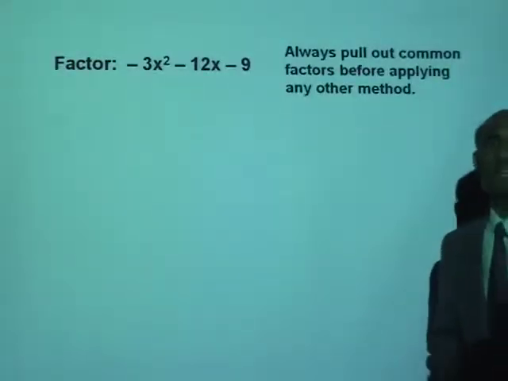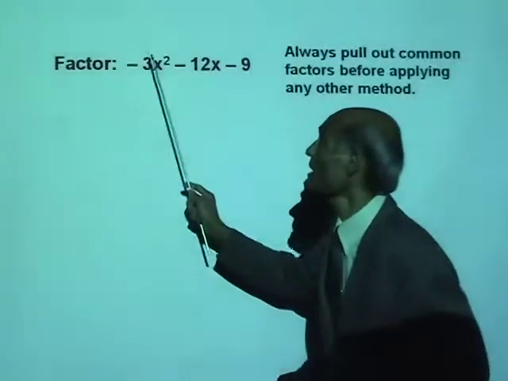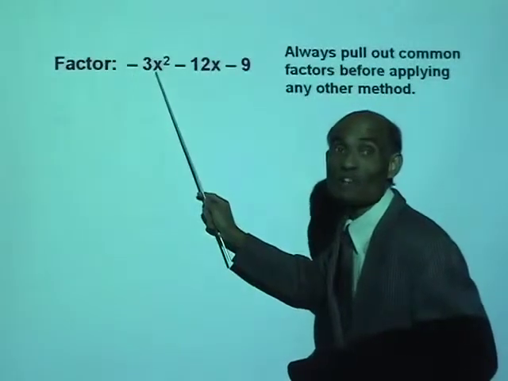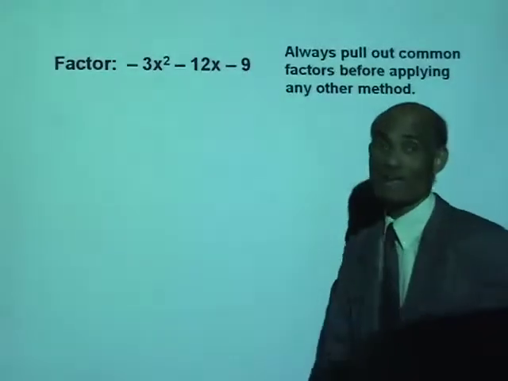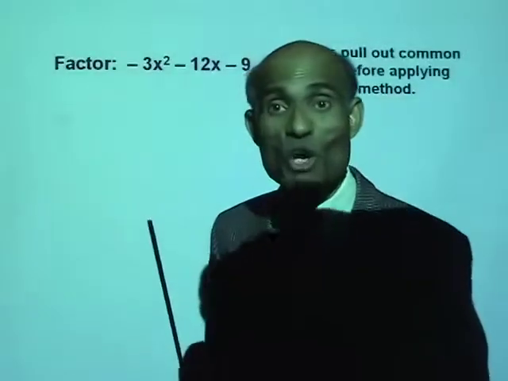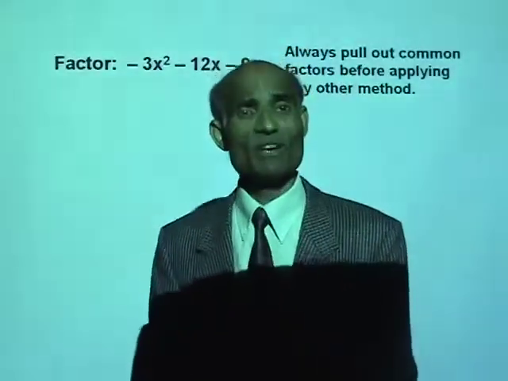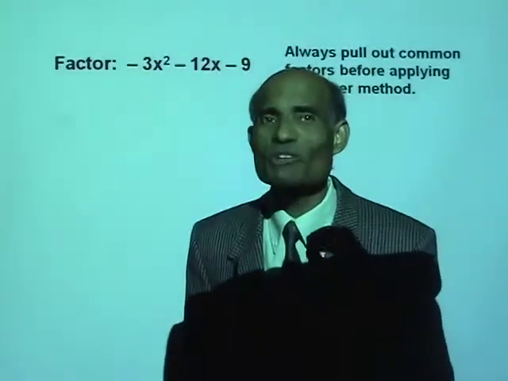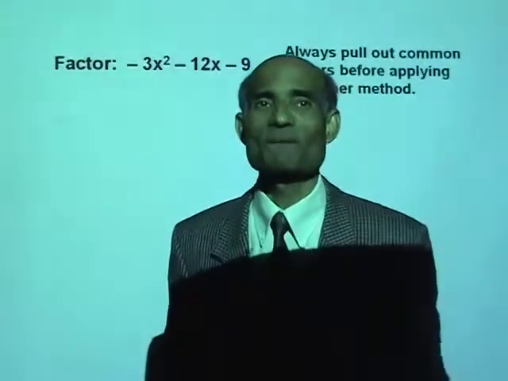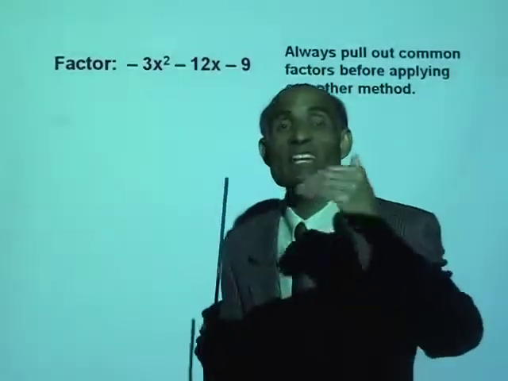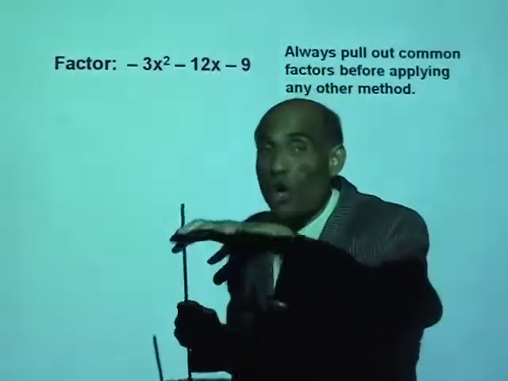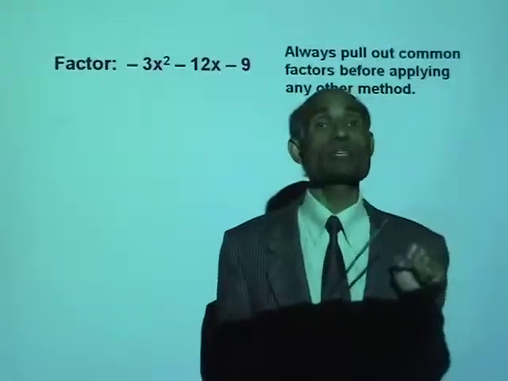All right, let's do another one. Factor negative 3x squared minus 12x minus 9. Now, remember the golden rule of factoring? What is the golden rule of factoring I gave you in the beginning? Always look for anything that can be found as the common factor in all the terms.